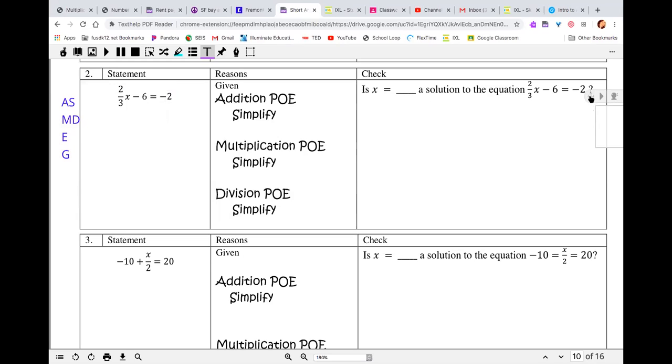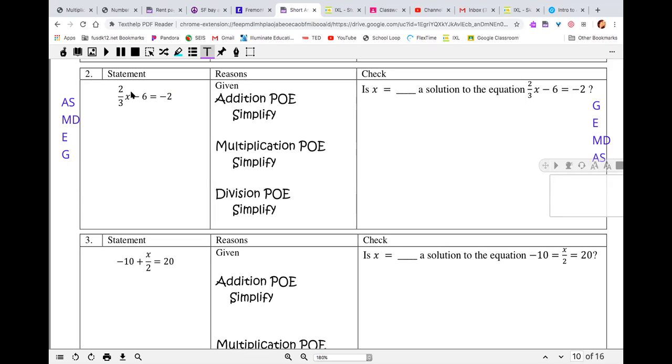On the left side where we solve for x, I put order of operations backwards. So what do I want to start with, the fraction or the minus 6?